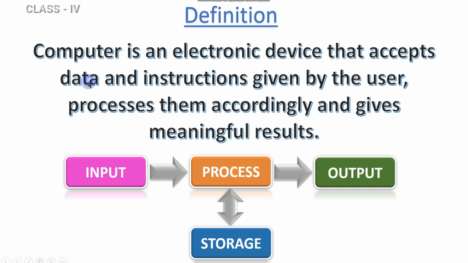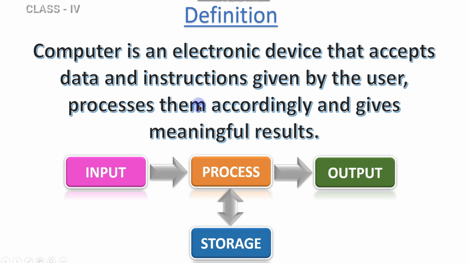So data and instruction work as an input given by the user. Who is the user? We are the user. Until and unless we give some data or instruction to the computer, it won't work. When we give data and instruction, the computer processes them accordingly.